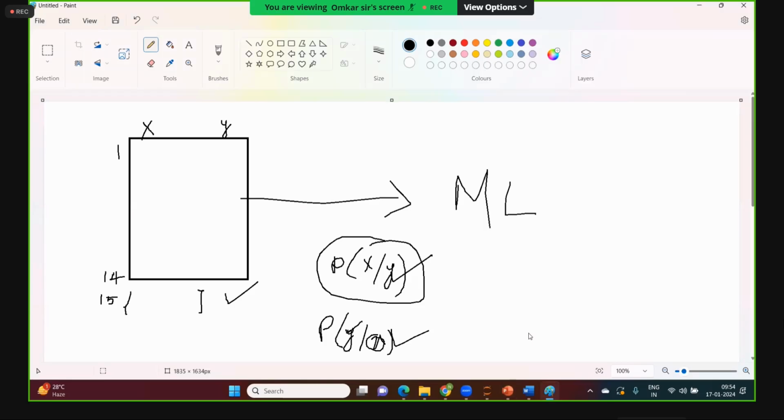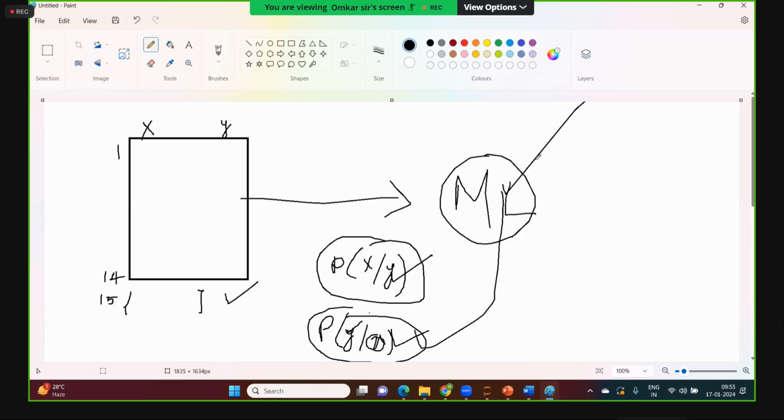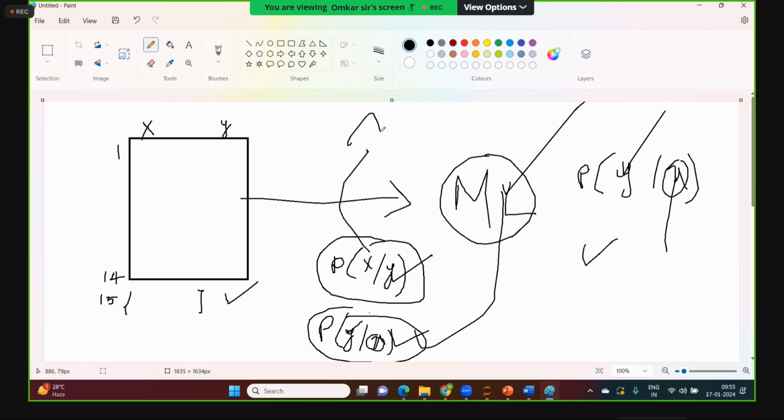That yes or no, which probability will give that? P of Y by X. So P of Y by X is what the ML model will provide after developing the model. Agree with me? You will pass the input to the ML model, and the ML model will give the output.